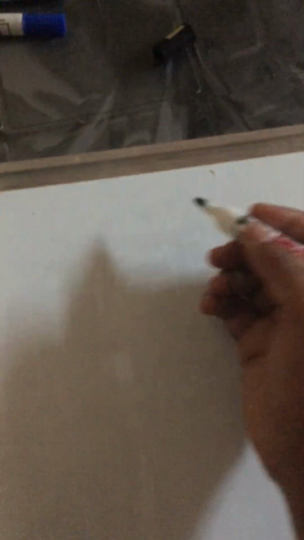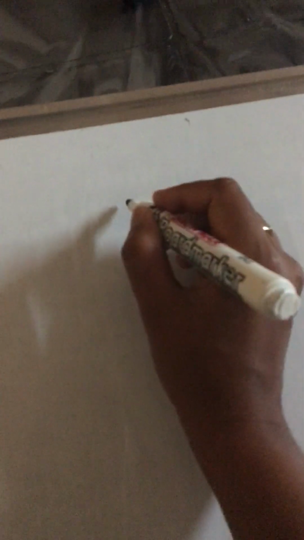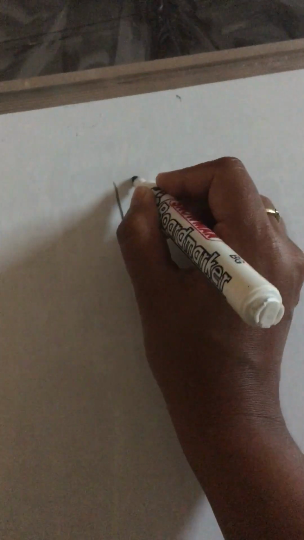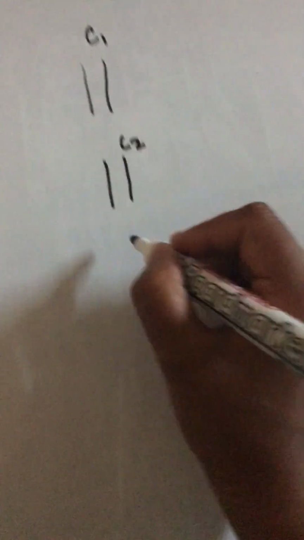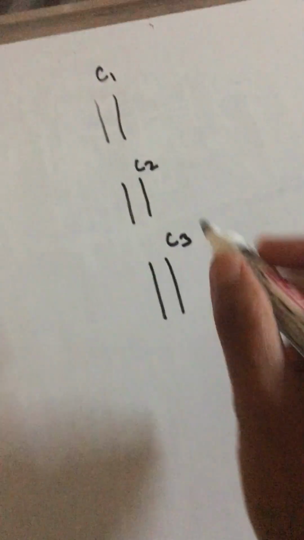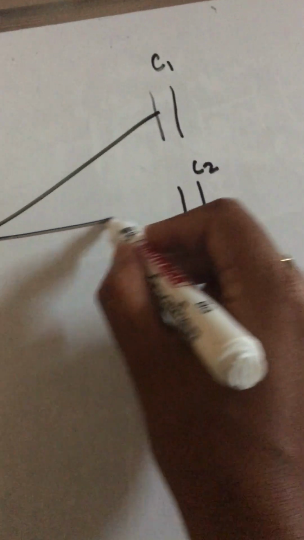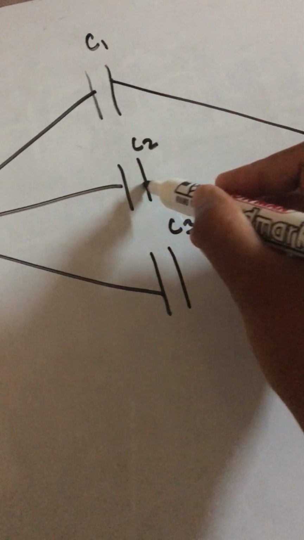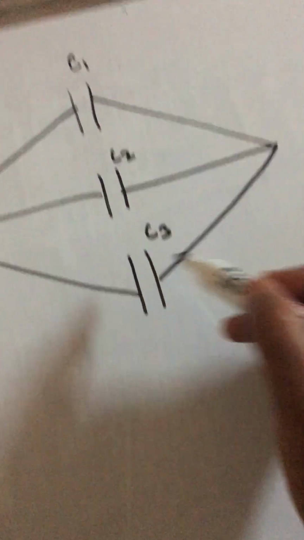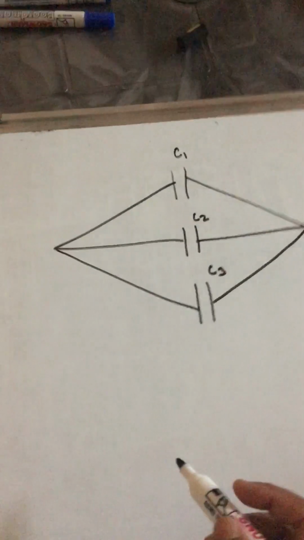Suppose I'm taking in general 3 capacitors, but if you want you can take more or less, 2 also will work. Suppose I have 3 capacitors, again let's say C1, C2 and C3. I hope this is clear.